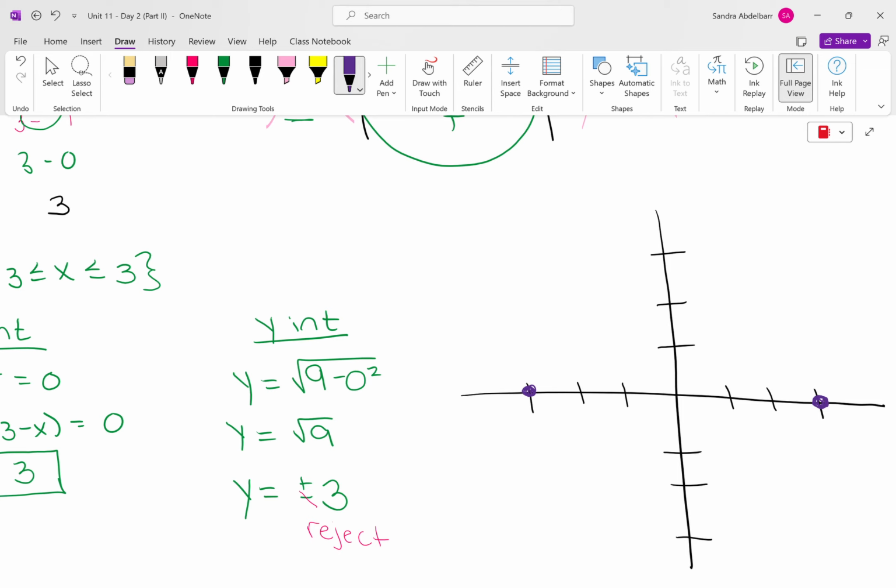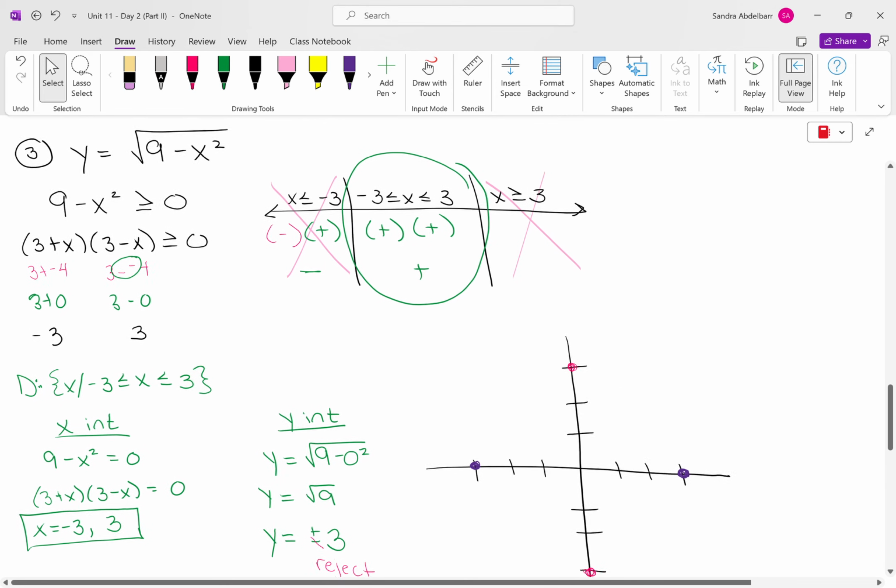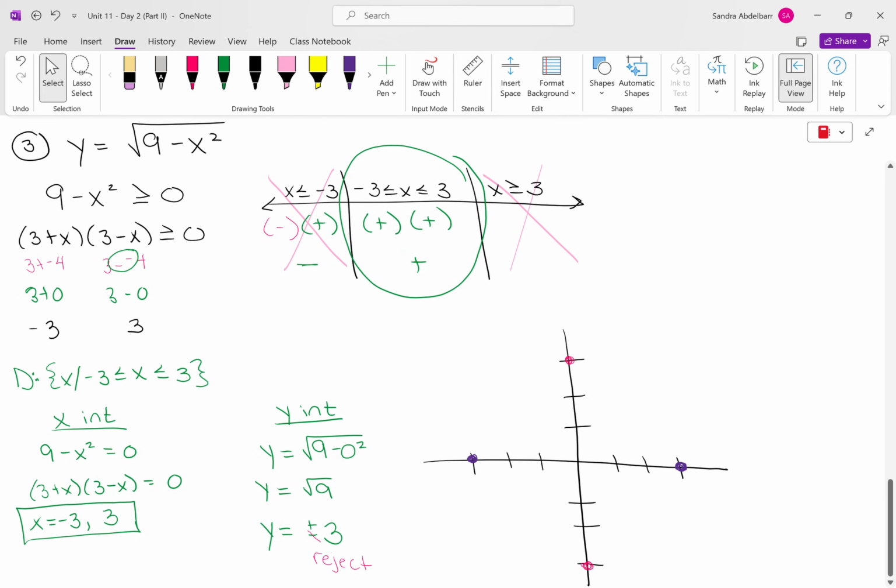So we have one x-intercept at -3, another x-intercept at +3, and then a y-intercept at 3 or maybe -3.